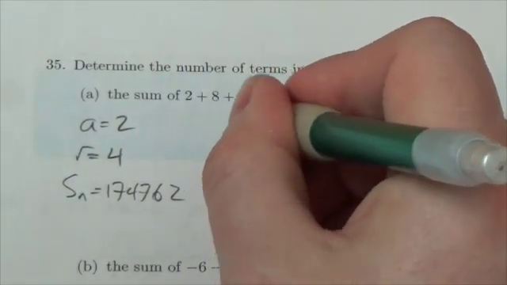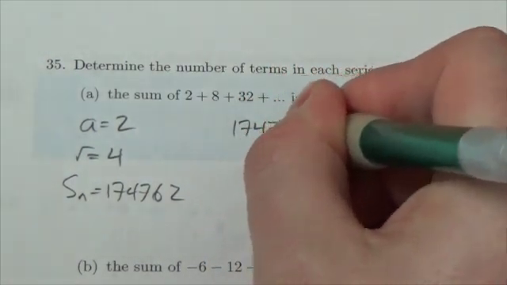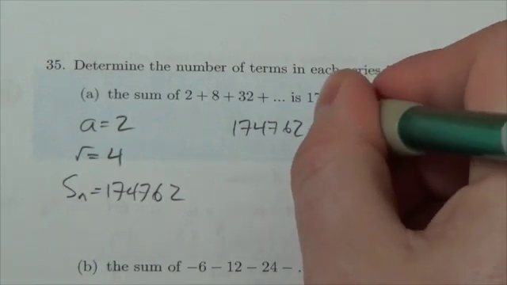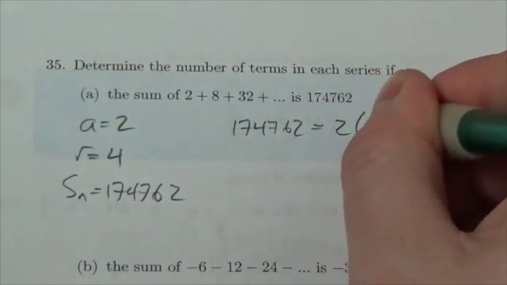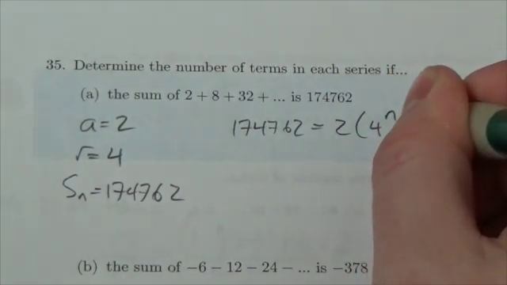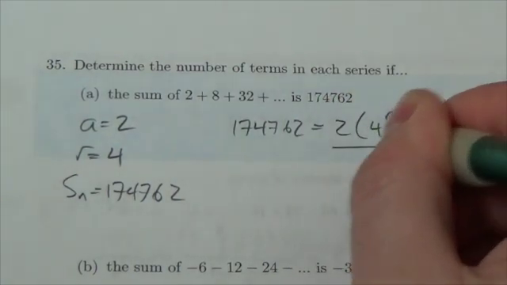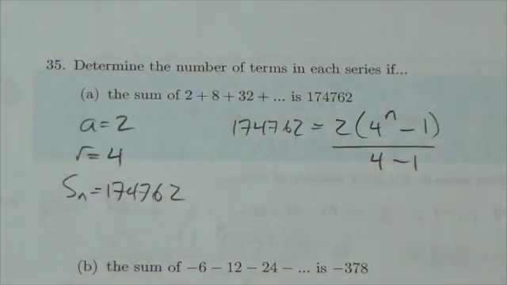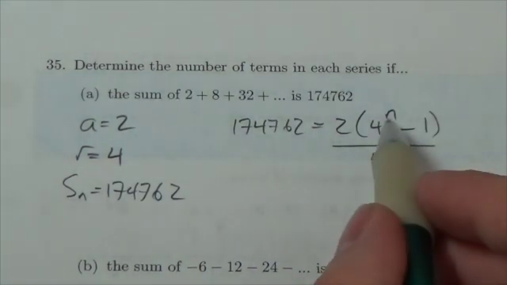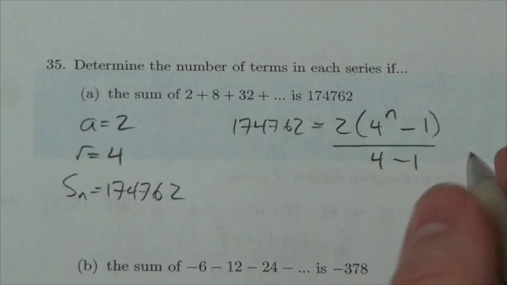So we've got 174,762 is going to equal a times r to the n minus 1 all over r minus 1. Okay? Because I don't know what the n is, and that's what I'm looking for here.